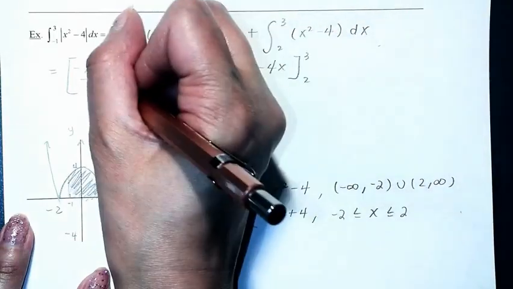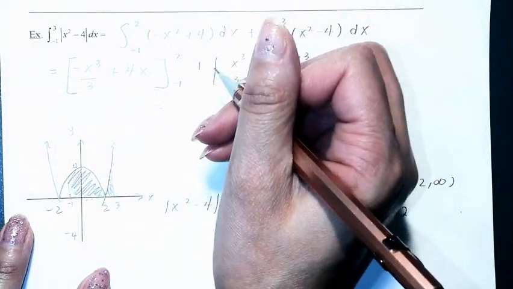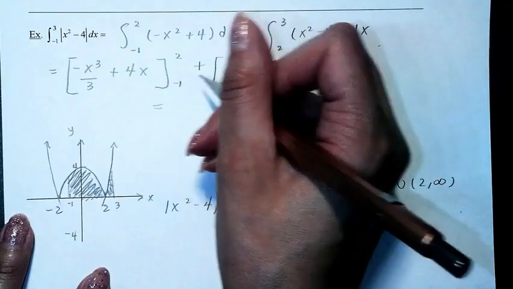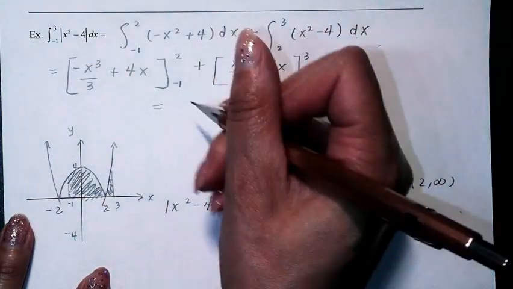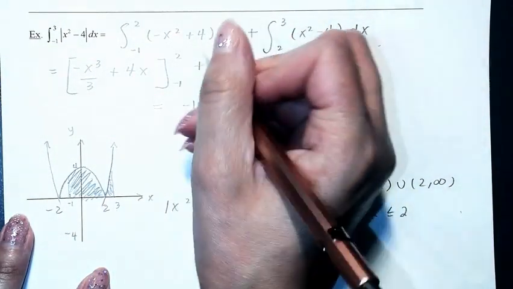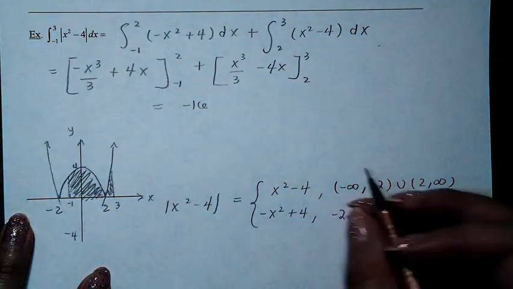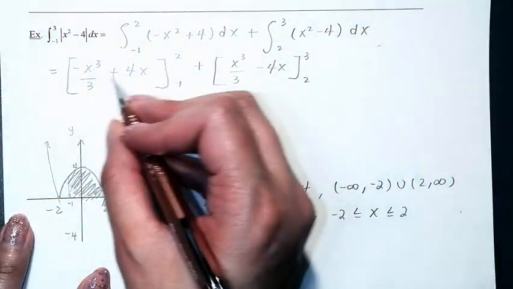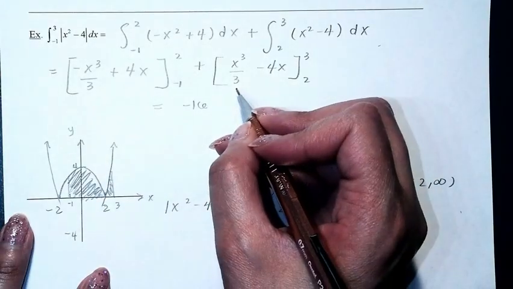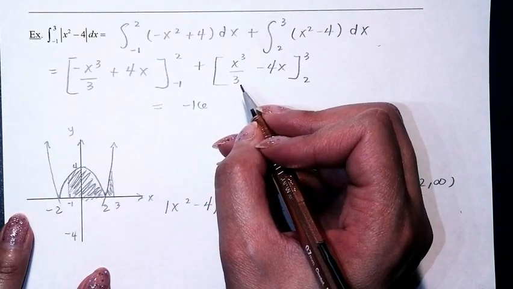So you have 2 to the power of 3, what is that going to be? No, that's not negative 16.